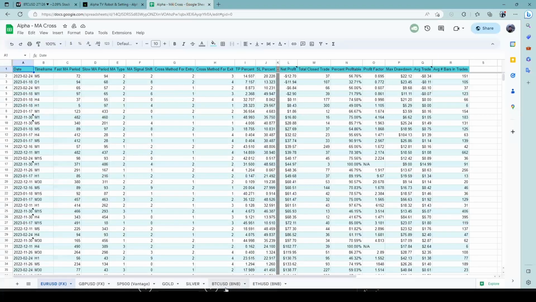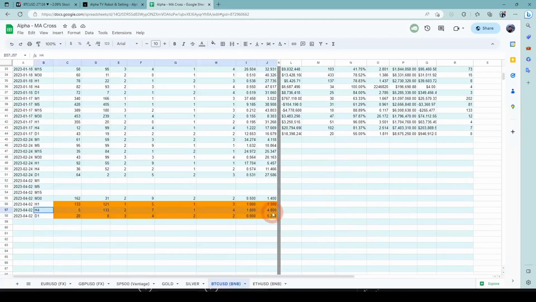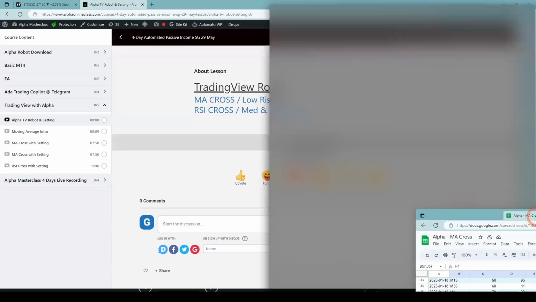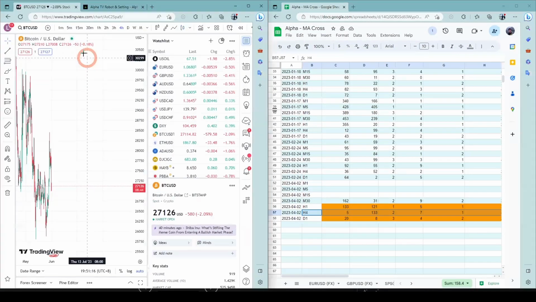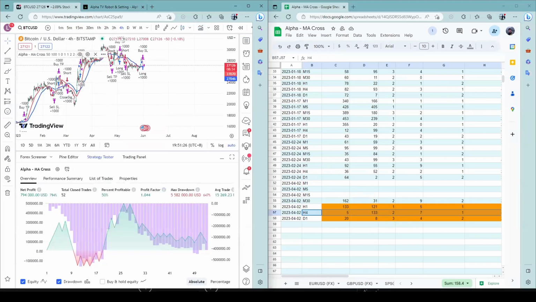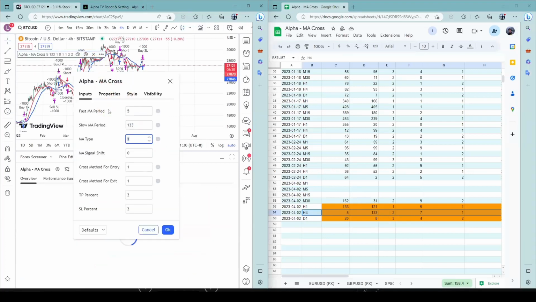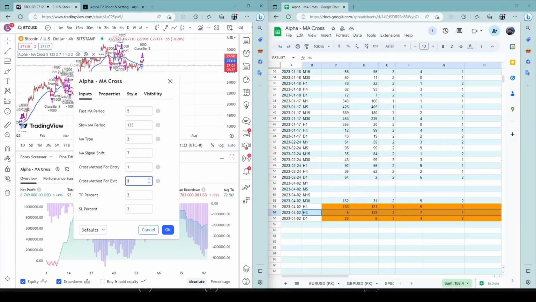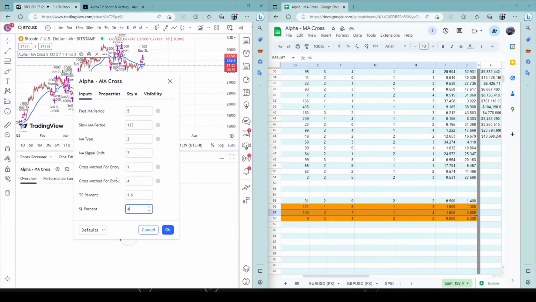I can still go to my Bitcoin and search for the 4 hour time frame. This one. Then I will apply this MA cross. Then I will key in the numbers here.